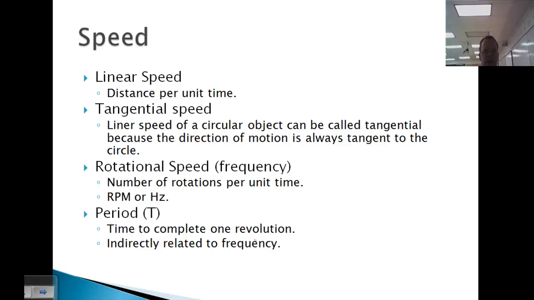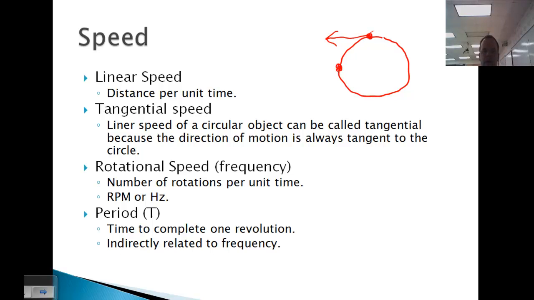Now, one of the key things we're going to talk about is speed when it comes to circular motion. We're used to dealing with linear speed, displacement divided by time, or distance divided by time in terms of speed. For circles, there are two types of speed. There's tangential speed. If you're going around a circle, at any point, you are moving tangent to the circle, tangent being a line that touches the circle at one point.